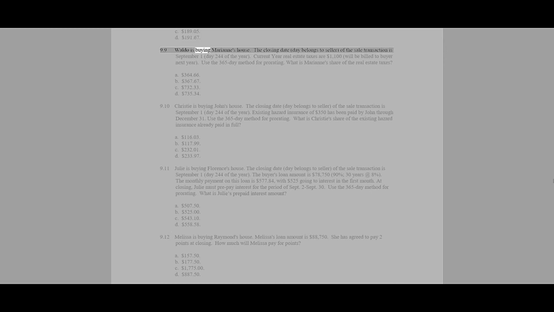9.9 Waldo is buying Marianne's house. The closing date, day belongs to seller, of the sale transaction is September 1st, day 244 of the year. Current year real estate taxes are $1,100, will be billed to buyer next year. Use the 365-day method for prorating.